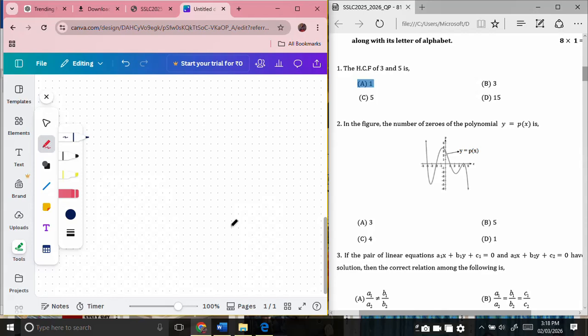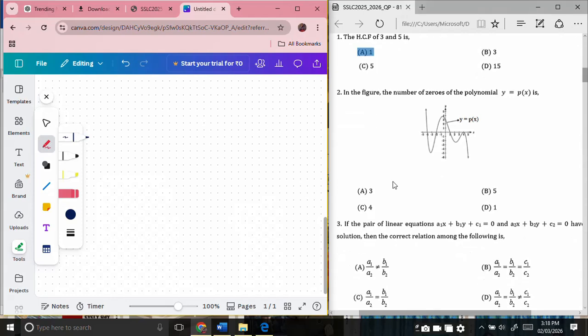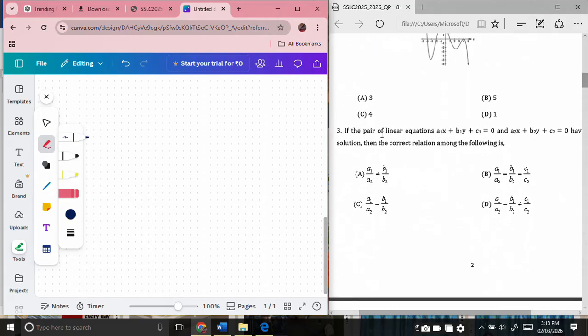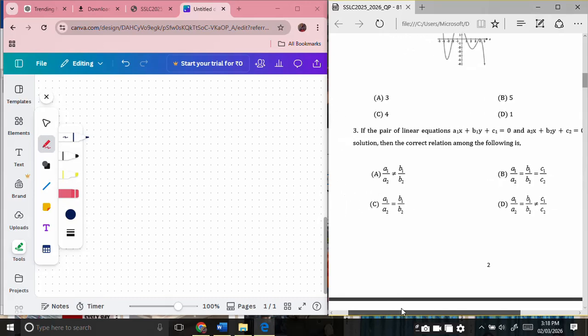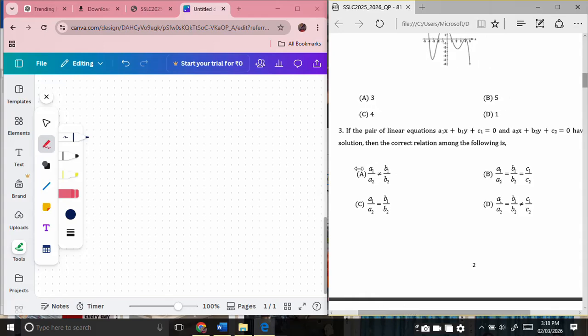Next, let's see. The third question is: if the pair of linear equations a1x plus b1y plus c1 equals 0 and a2x plus b2y plus c2 equals 0 have a unique solution, then the correct relation among the following is, these are the options.